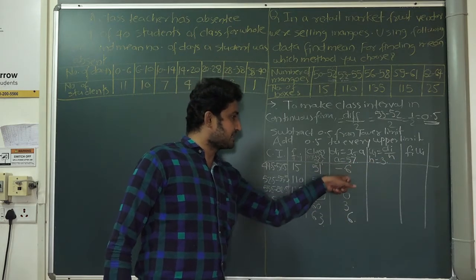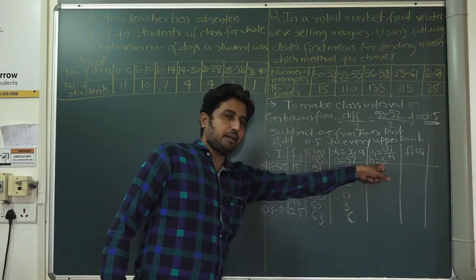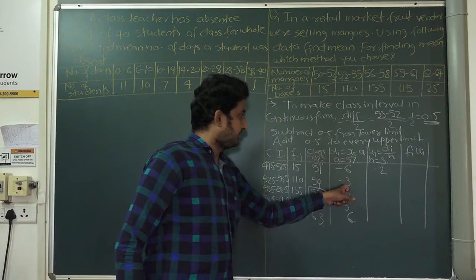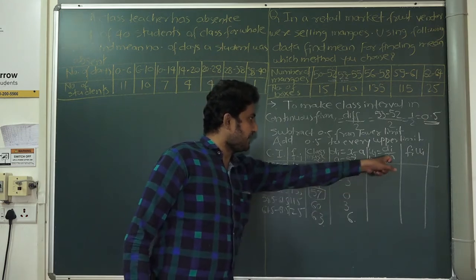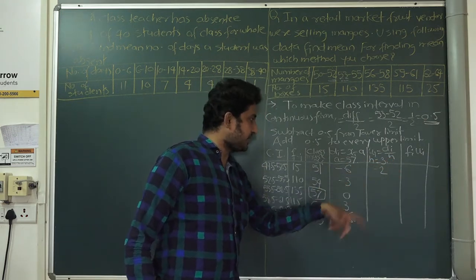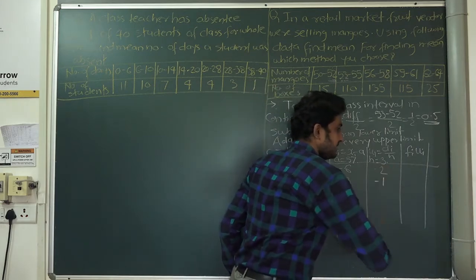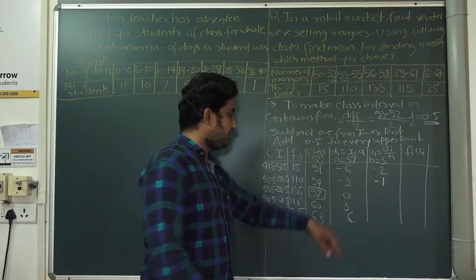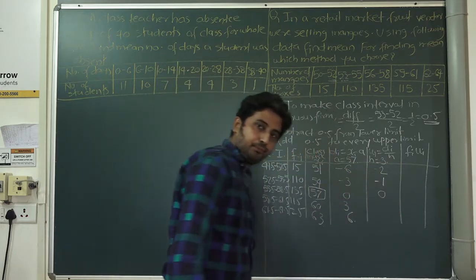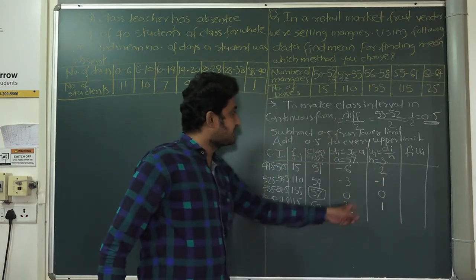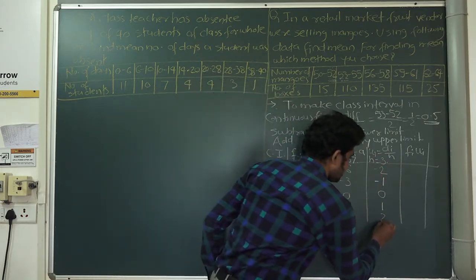Now di is this, so minus 6 upon 3 becomes minus 2. Again, di upon h, where h is constant 3, so minus 3 upon 3 becomes minus 1. 0 upon 3 is 0, right? 3 upon 3 is 1. And 6 upon 3 is 2.